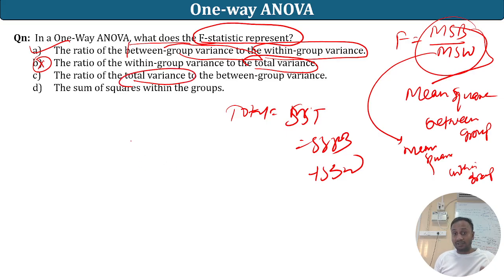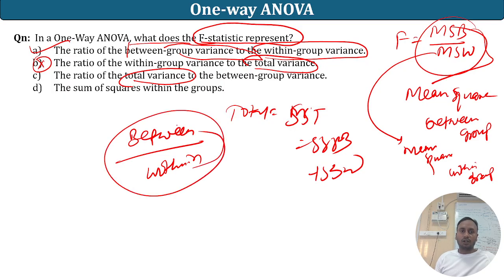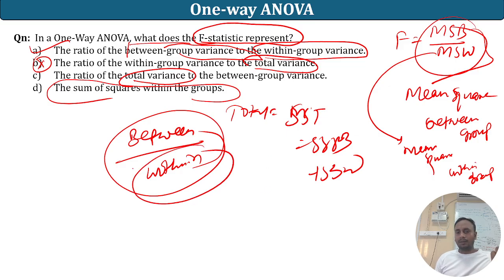SST becomes SSB plus SSW, but here we have only B and W, so this can't be the answer. We only have to check between to within, not the total value. The sum of squares within the group? No, it's only one parameter, and within it's the mean, not the sum of squares. So option A is the correct answer.